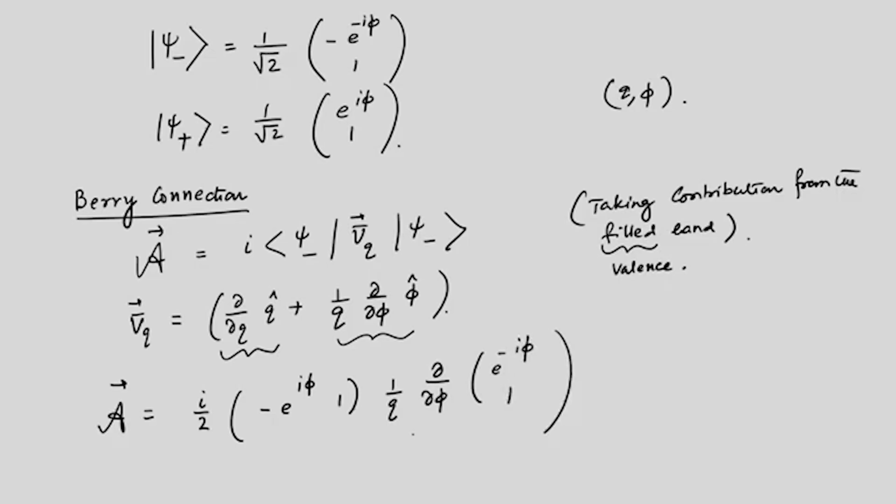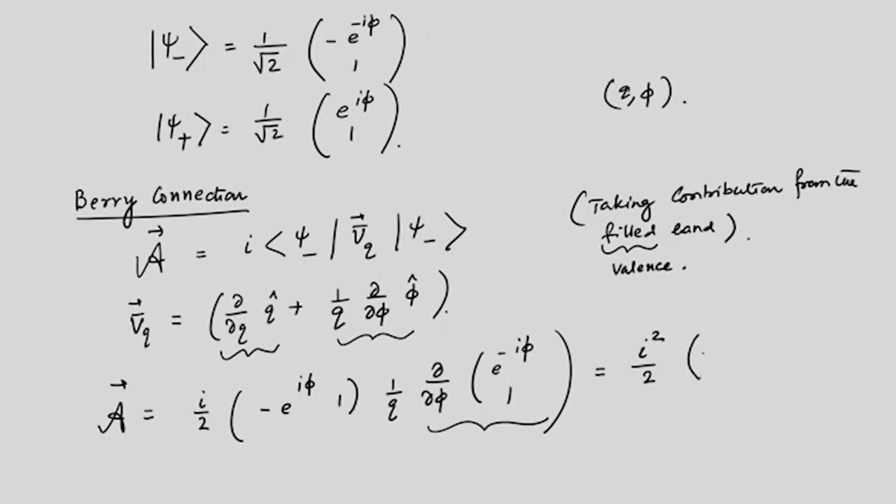So, now I will have to take this. So, del del phi of exponential i phi, you will get a minus i out, and the next one will be 0. So, this is equal to i square divided by 2.